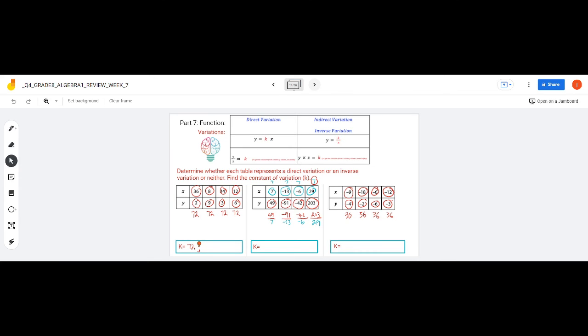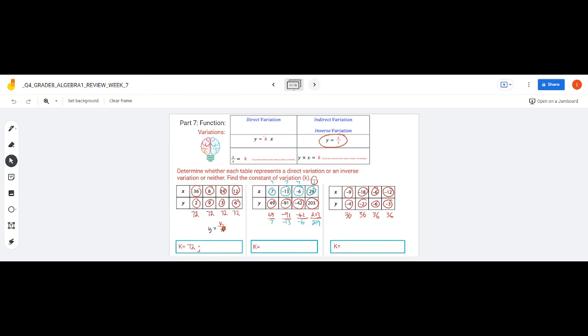So it's definitely this one. So then if we write it in the y is equal to, sorry, let me just write it here. So my formula is y is equal to k over x.